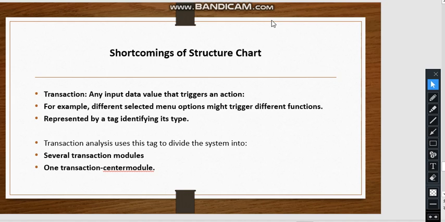The number of bubbles on which the input data to the DFD are incident define the number of transactions. However, some transactions may not require any input data. These transactions can be identified from the experience of solving a large number of examples.